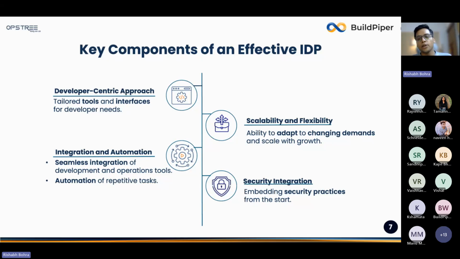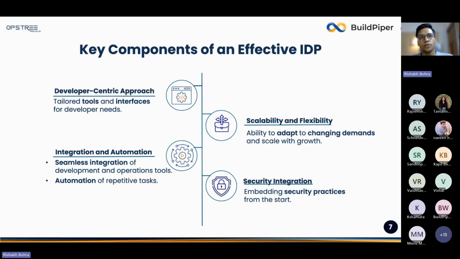For example, there's a demand to have a new feature released as soon as possible, and that requires a lot of additional effort. But again, having an IDP simplifies those processes, because at the end of the day, it is all about the reusability of the components and creating reusable blueprints, so that deploying a new feature, or onboarding new services onto that platform and creating workflows around it, is very simple and scalable as well.